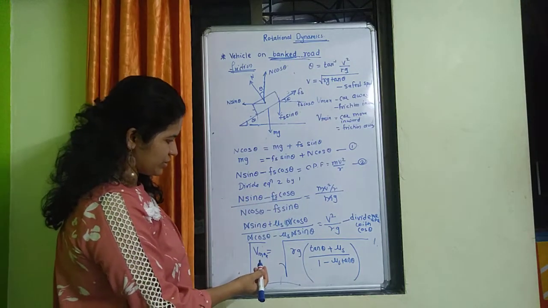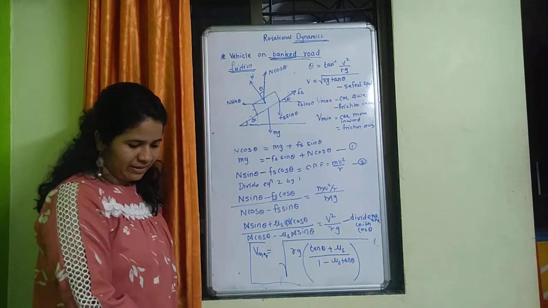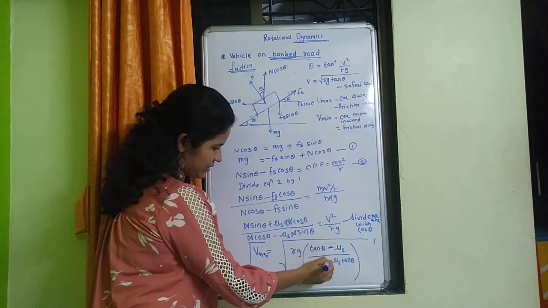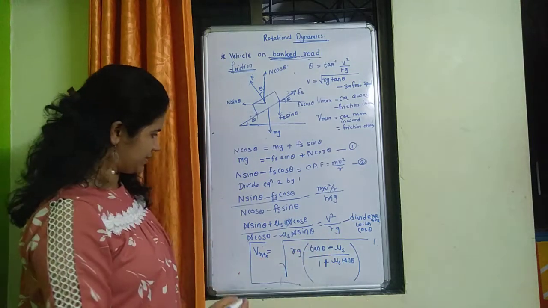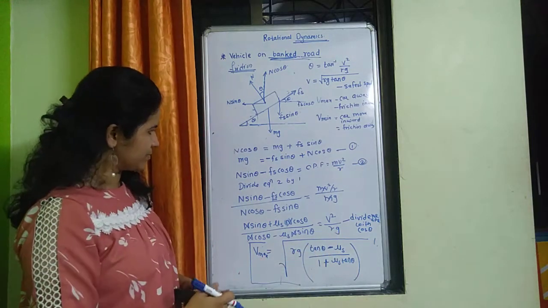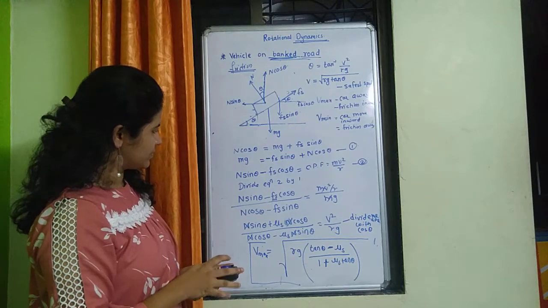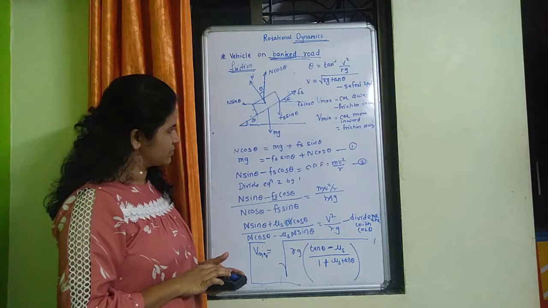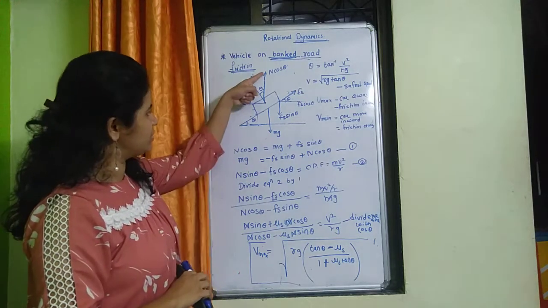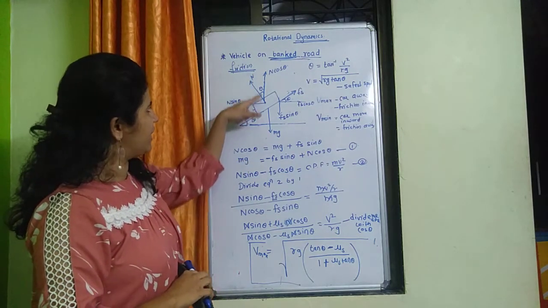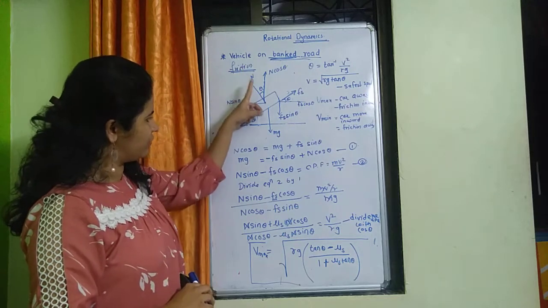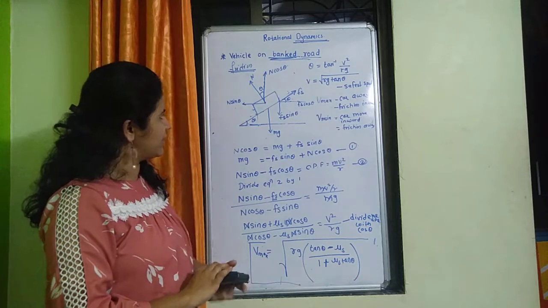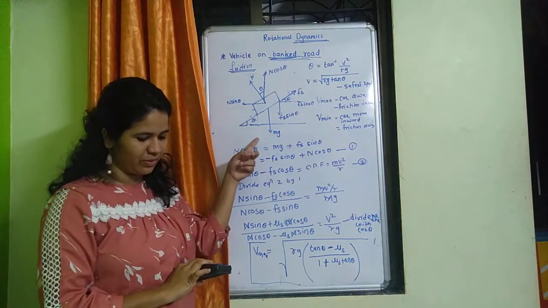So your equations become tan theta, and this one is a plus. So equation 1 becomes N cos theta upward. One more thing: mg is always downward, right?